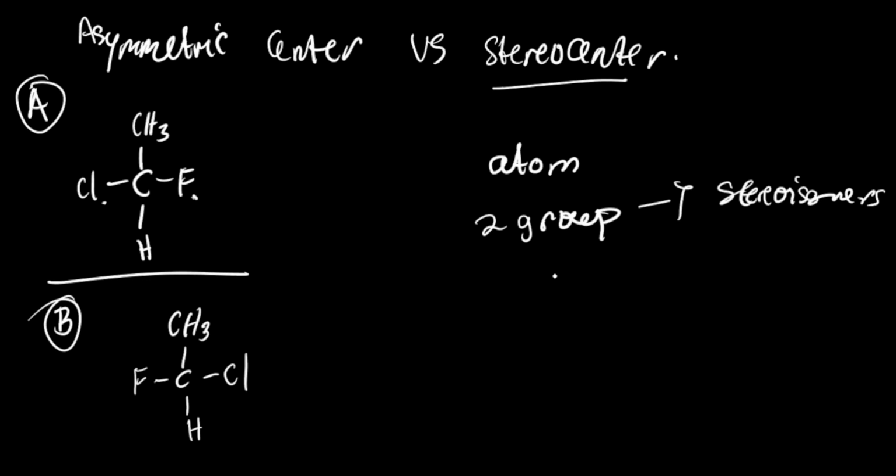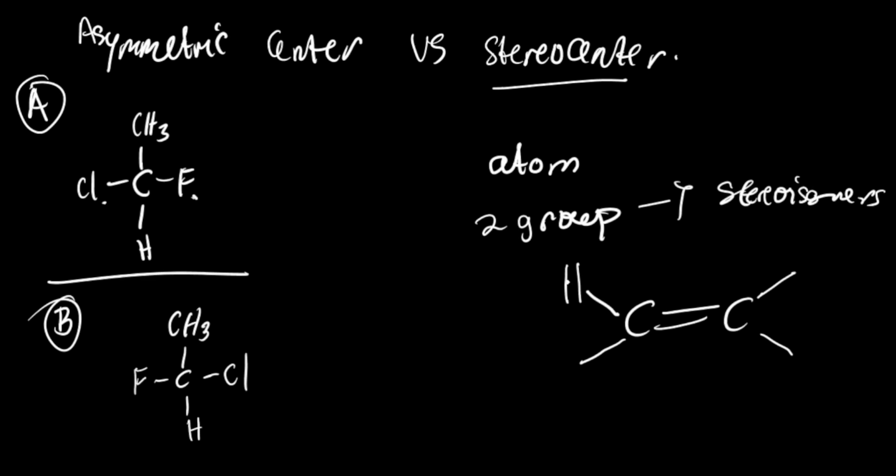Now, as I said earlier, the stereocenter could also be an sp2 carbon. So for instance, we have these sp2 carbons, and we have an attachment here and an attachment here in order to form 4 bonds, and then also an attachment here and here.